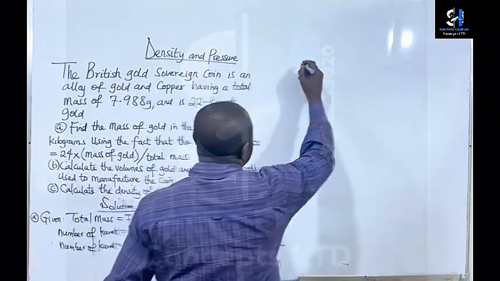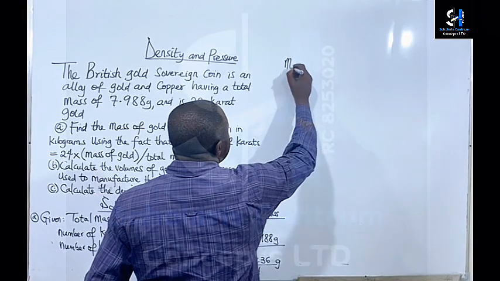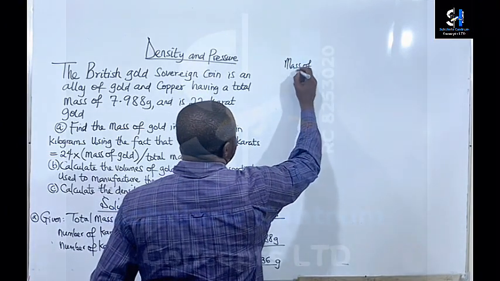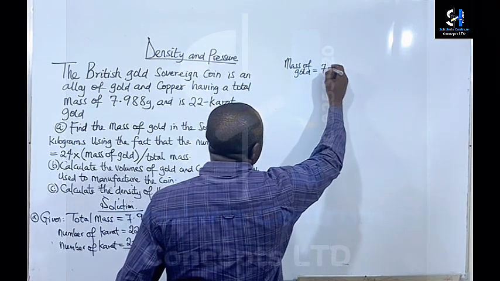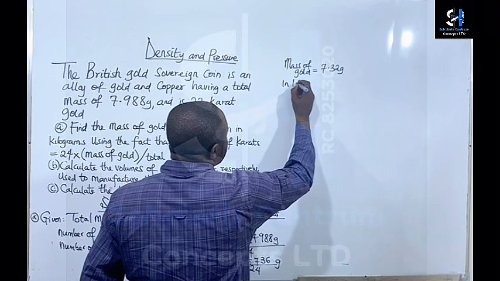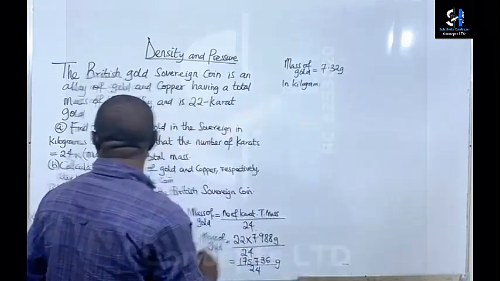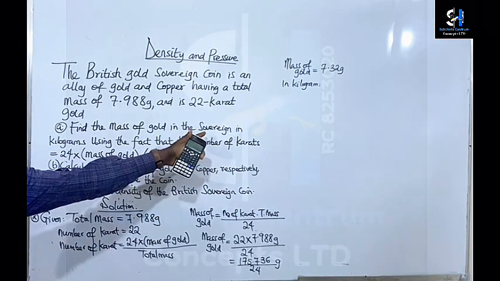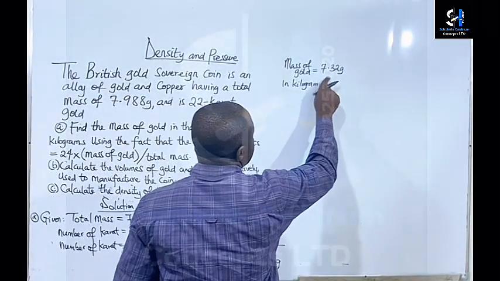So we can then say that mass of gold equals 7.32 grams. Now we are asked to calculate the mass of gold in the sovereign in kilograms, so we have to change this to kilograms.